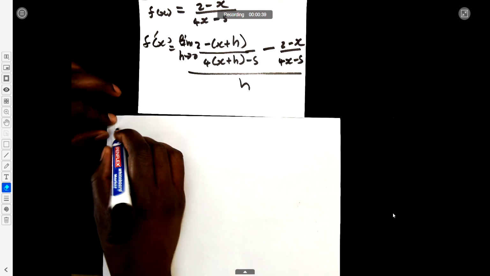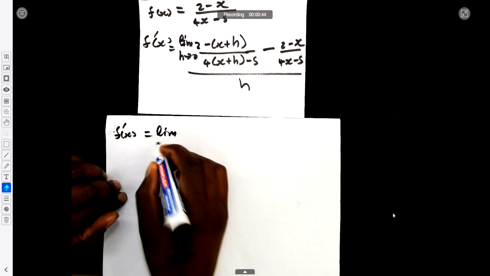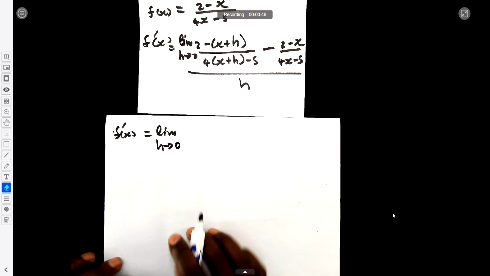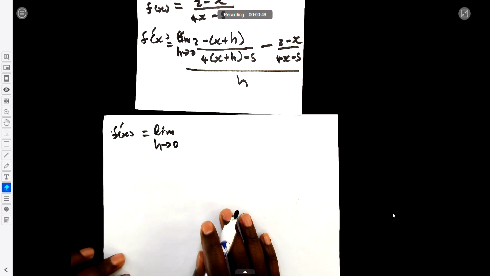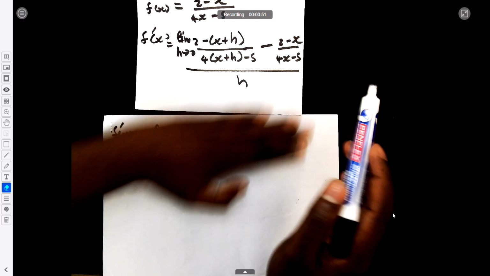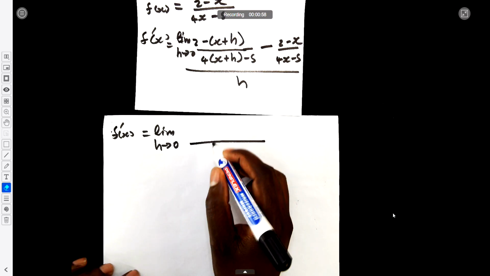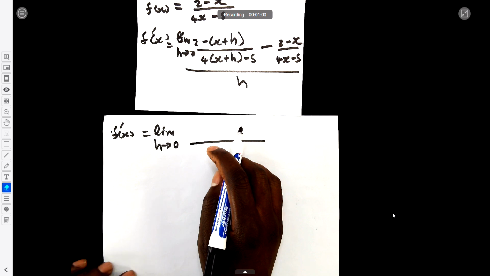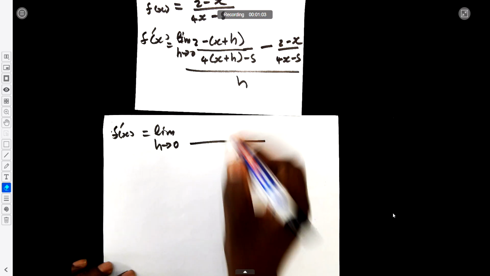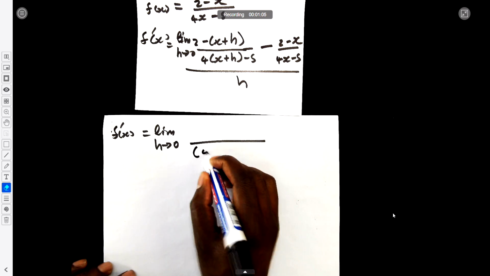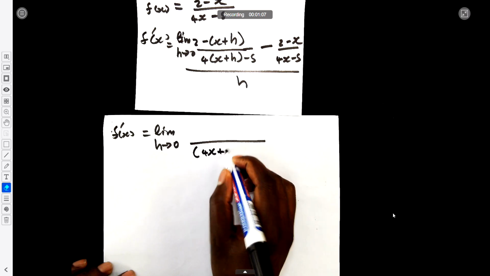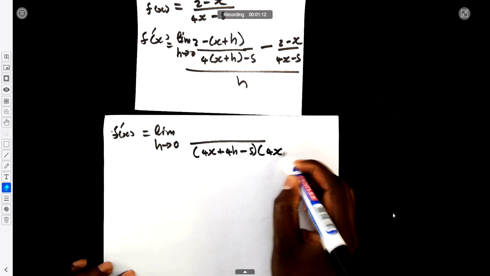Now we need to simplify our f prime of x, which is equal to the limit as h approaches 0. We can simplify the numerator in the meantime. We have to add fractions in the numerator, so we multiply the denominators to find the LCM: 4x plus 4h minus 5 multiplied by 4x minus 5.